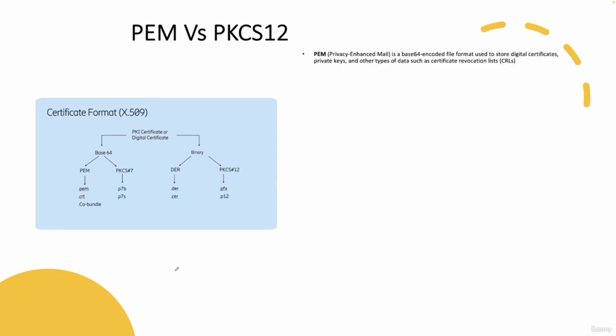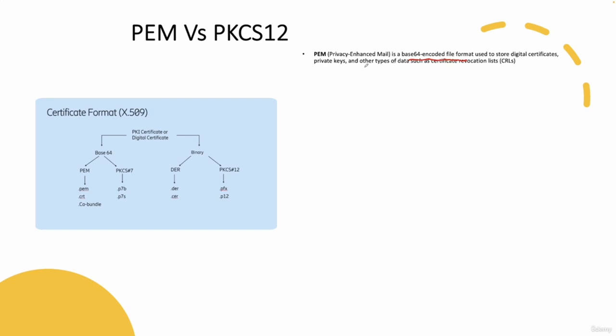Let's take a look. PEM stands for Privacy Enhanced Mail. It is a base 64 encoded file format, right? So what does it mean? A base 64 encoded file format represents binary data as an ASCII string. Now, very important, a PEM format is used to store digital certificates.